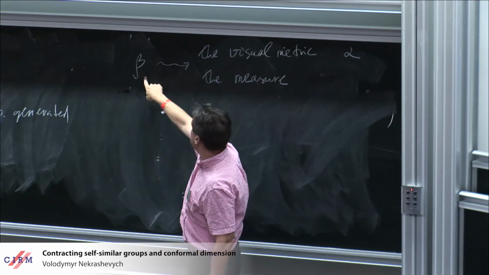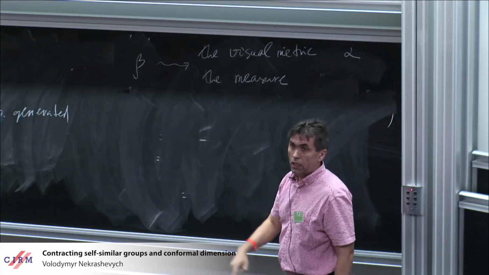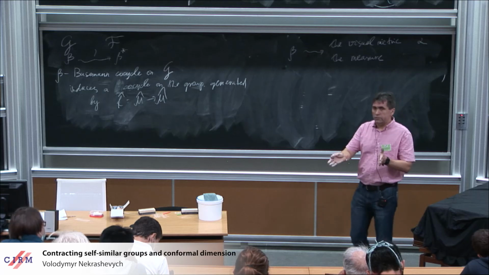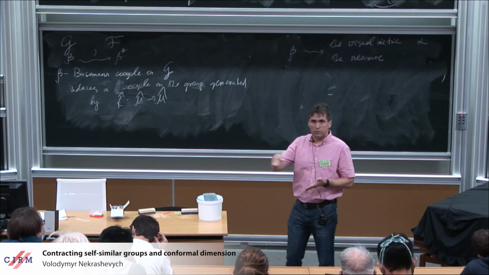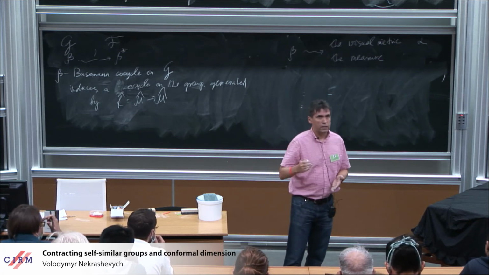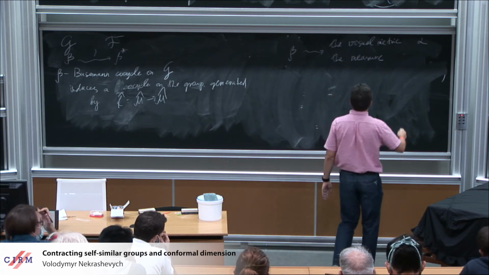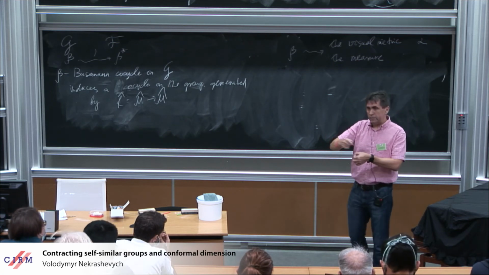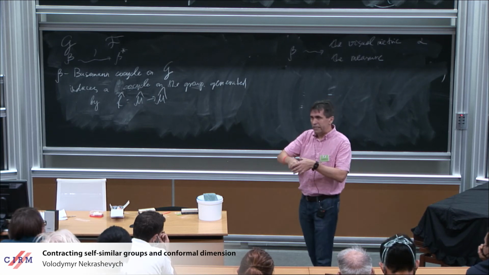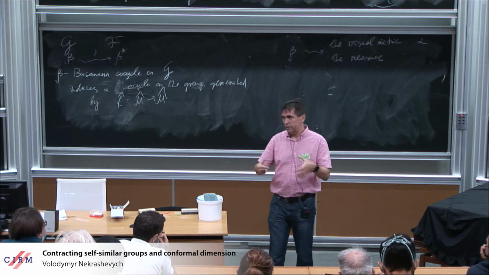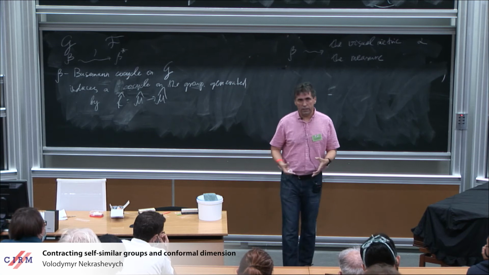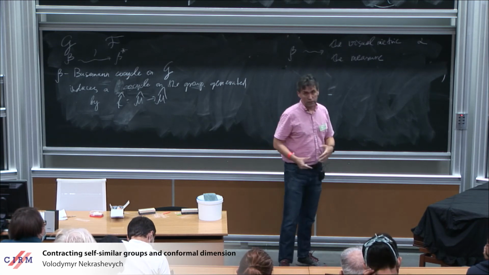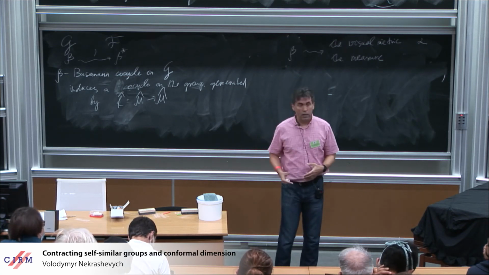So for the measure, the Radon-Nikodym derivative will be the exponent of this Busemann cocycle with some coefficient, and for the visual metric, the expanding map will be a similarity with some coefficient, with some derivative. And the logarithm of the derivative will be this Busemann cocycle with some coefficient.